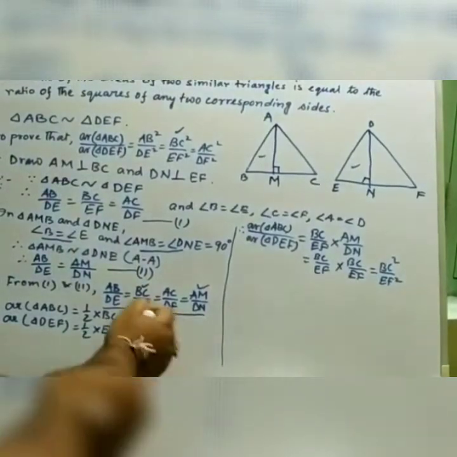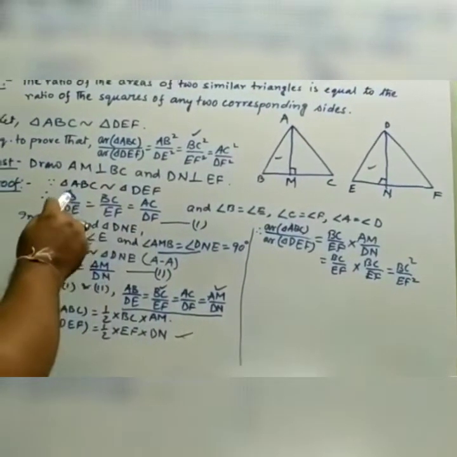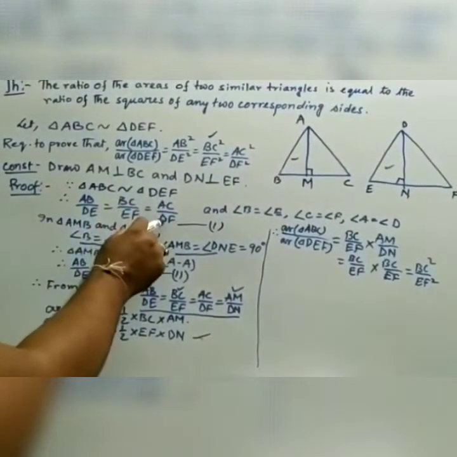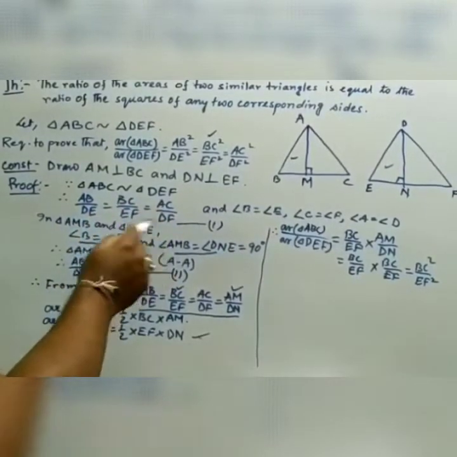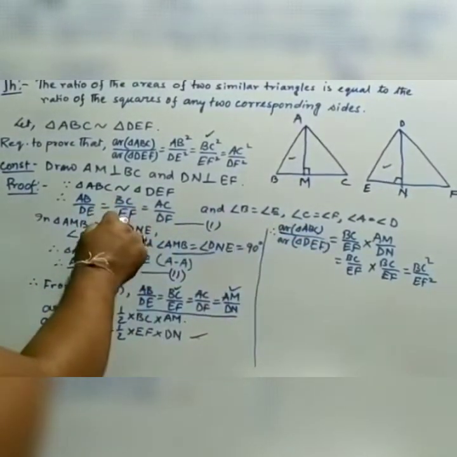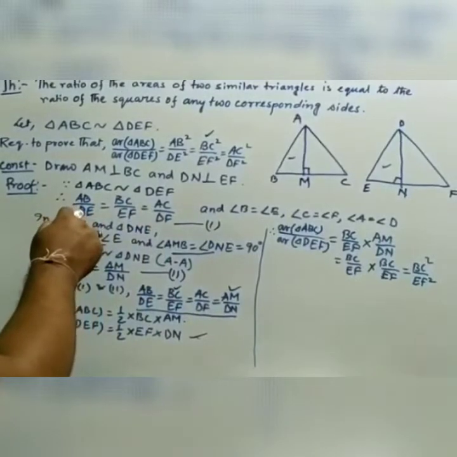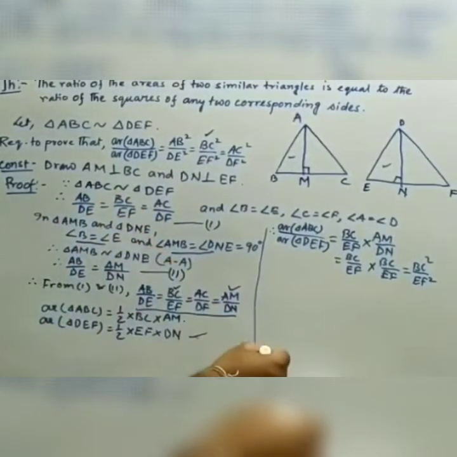As these 3 parts AB by DE, BC by EF and AC by DF are equal, and it is equal to BC square by EF square, so it is equal to AB square by DE square as well as AC square by DF square.